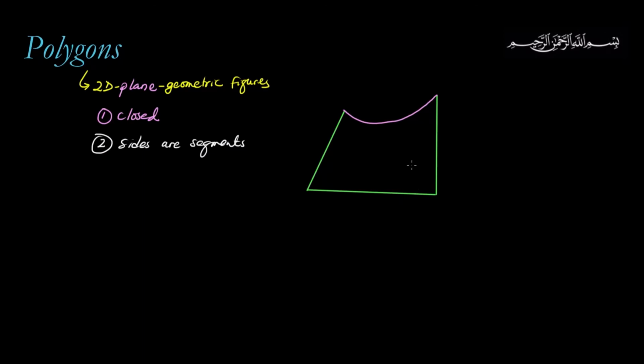So a polygon must have sides that are segments. The sides are all made of segments, and every segment has two endpoints. So that's the second very important thing. So far we have learned that polygons are two-dimensional plane geometric figures that are closed, and whose sides are composed of segments. It can't have funky looking sides that are not made of segments.